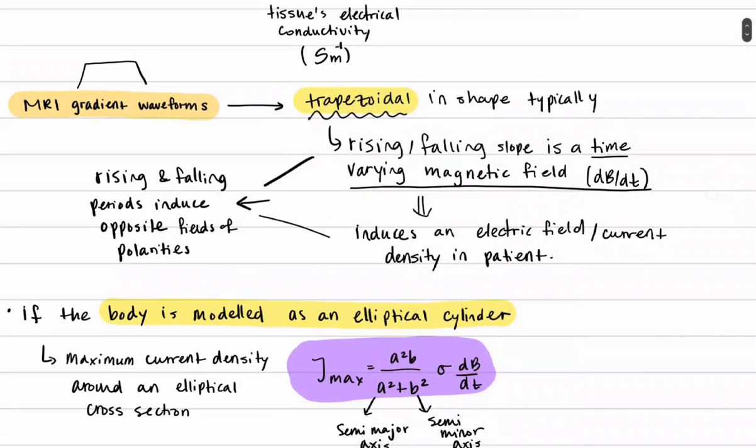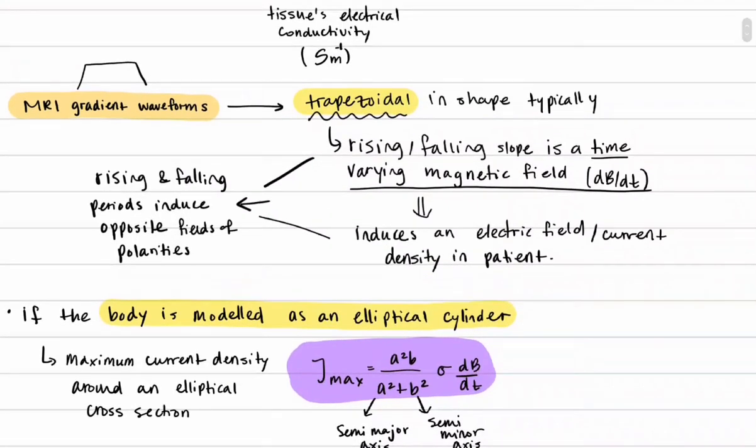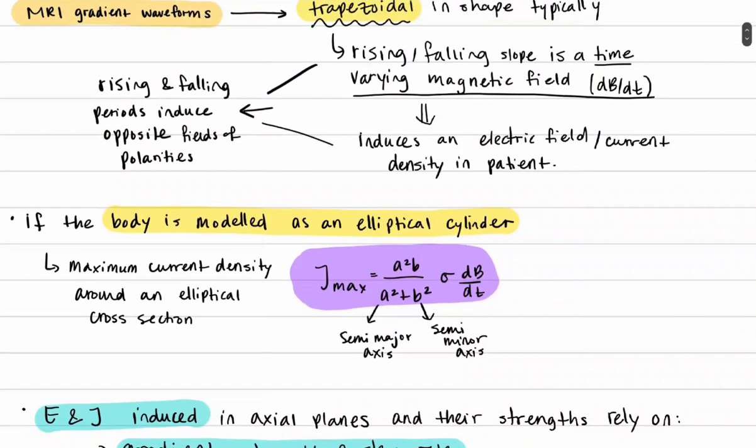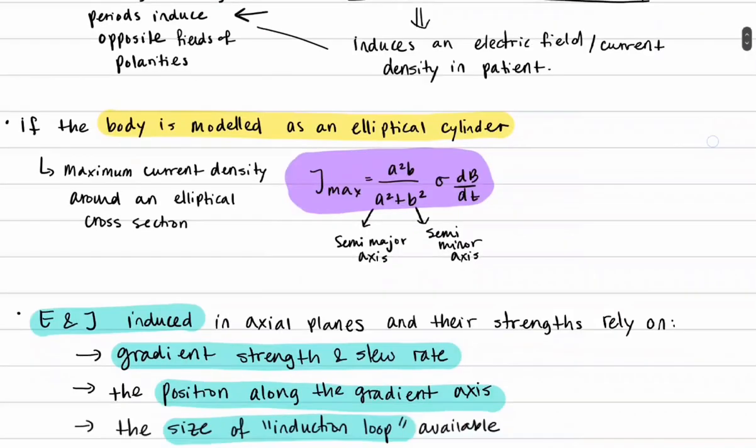Whether the magnetic field is increasing or decreasing will result in different polarity fields. And ultimately, we are concerned about the electric field and current density that is produced in the patient during this time-varying magnetic field period.